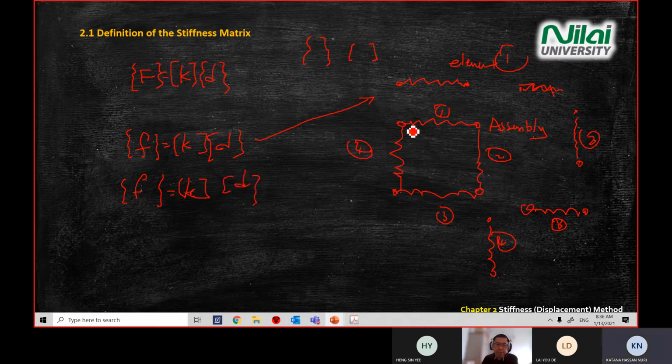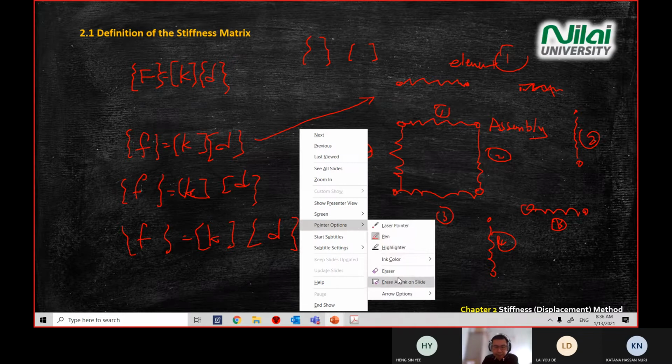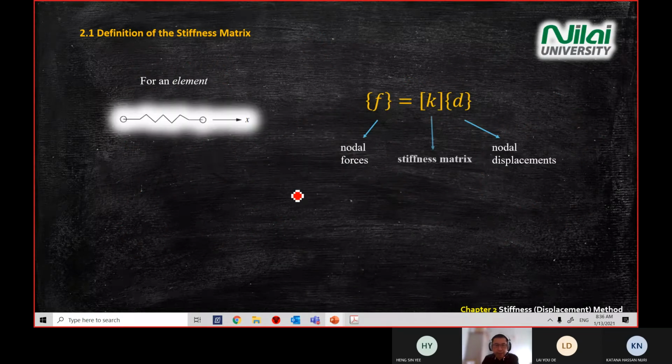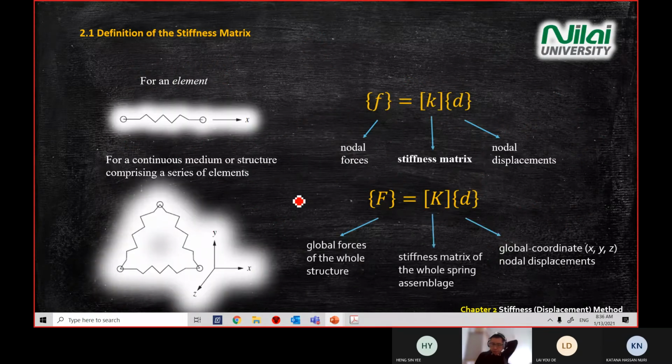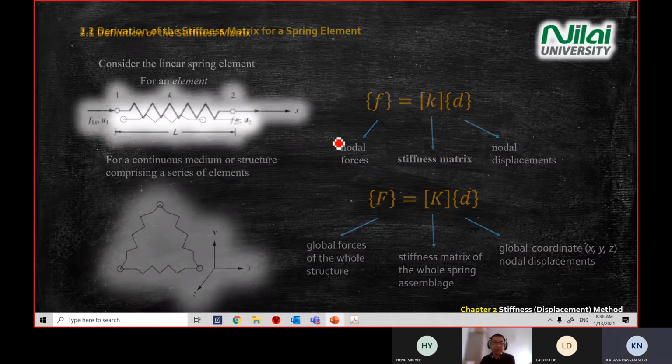If you have 3 springs, then you have 3 equations. So if you have 4 springs, then you have 4 equations. So as a principle, you should know what we are doing. Good, excellent. All right, so at least you understand the difference between these two formulas.